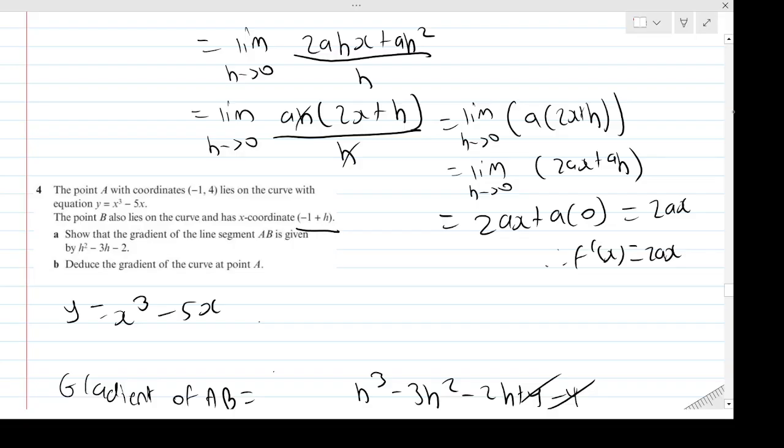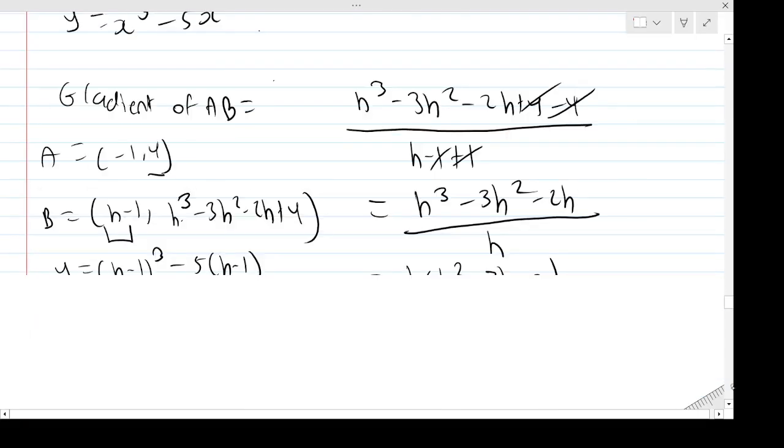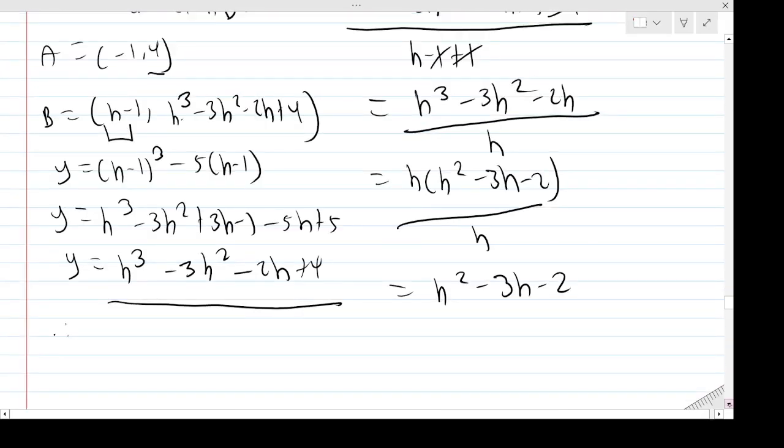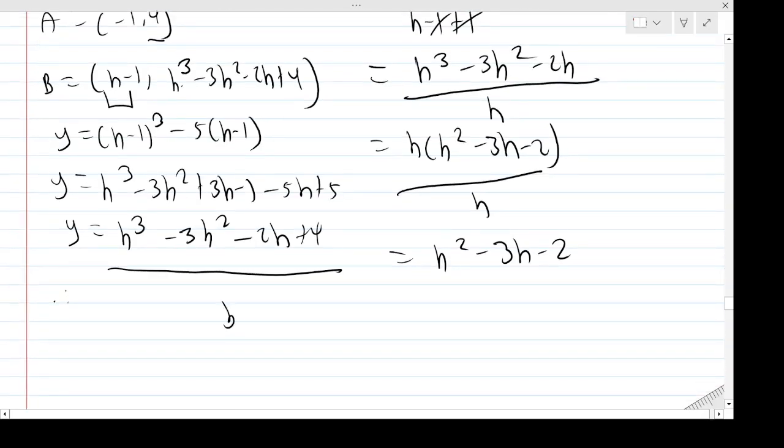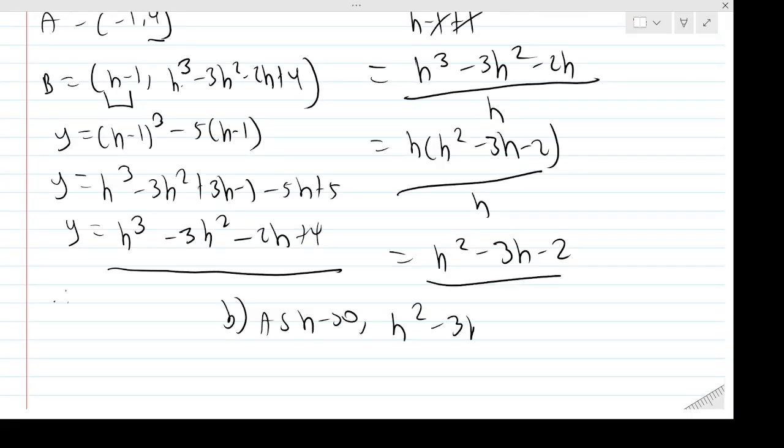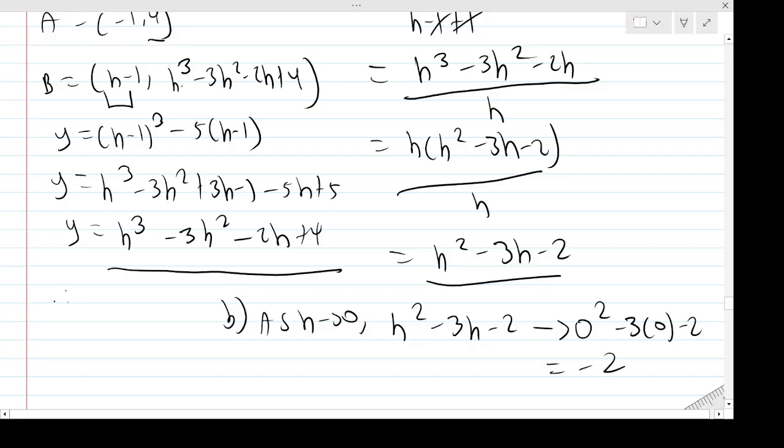Then part B says deduce the gradient of the curve at A. So the gradient of the curve at A is going to be the same idea as h is pushed to 0, right? So as h goes to 0, this expression, the gradient, well, that goes to 0 squared minus 3 lots of 0 minus 2, which is just minus 2.